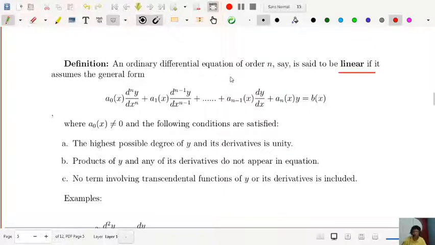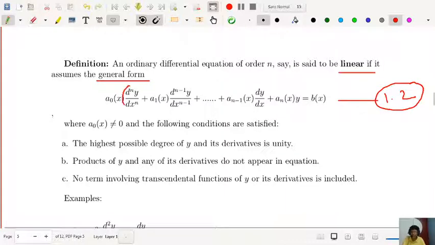An ordinary differential equation of order n is said to be linear if it assumes the general form. This is the example of an nth order linear differential equation. So what is the form? Look at that.